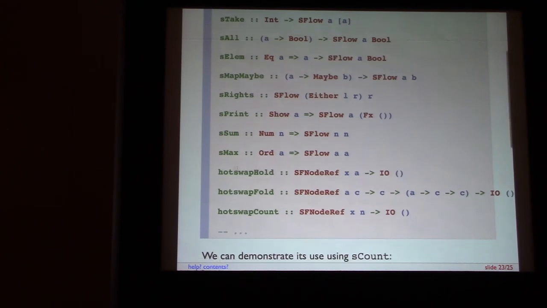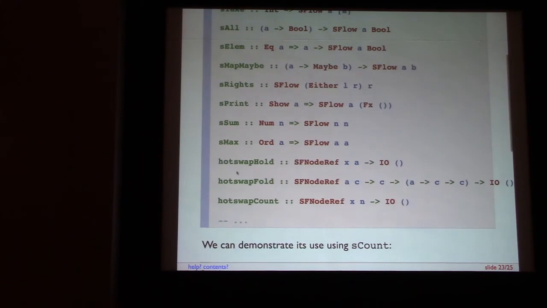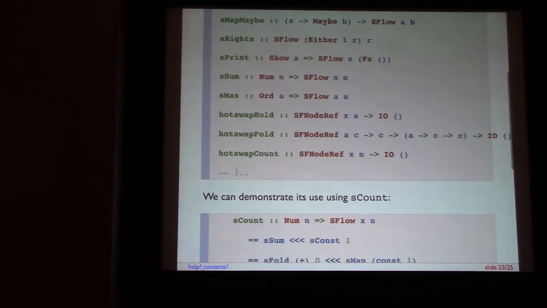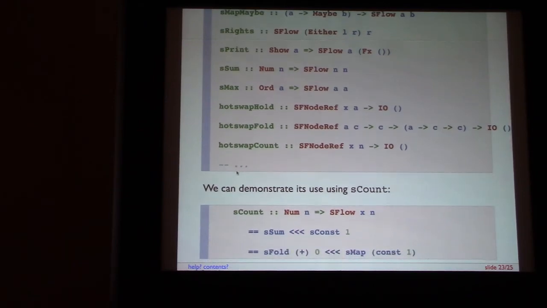And then we have some hot swap idioms. Hot swap hold is the simplest one, if I can only talk about one, which it's looking like I probably can. We take a node reference and then we continue to emit the last value that it emitted. Or more specifically, we hold the value, we stop emitting, but that value is able to be used from elsewhere.